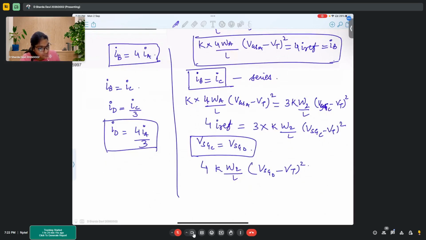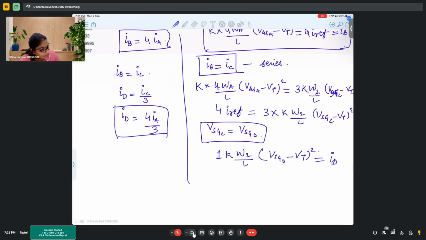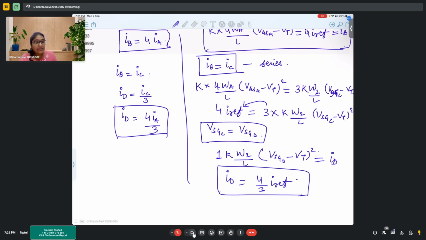So, D is 1. Okay, D is 1. So simply from here, 1 times K W2 by L, VGSD minus Vt whole square. This is ID. So here if we try to substitute it, we get ID to be 4 by 3 IREF. Is this clear to everyone?